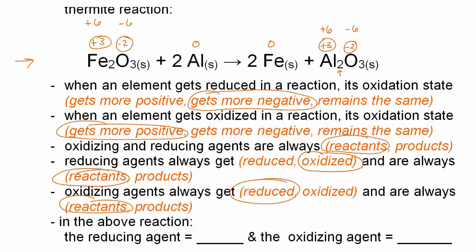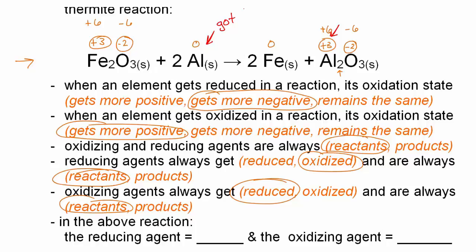Okay, so in the above reaction, what's the reducing agent and what's the oxidizing agent? Take a look at aluminum. It starts out with an oxidation state of 0 and it goes to positive 3. So aluminum got reduced or it got oxidized.